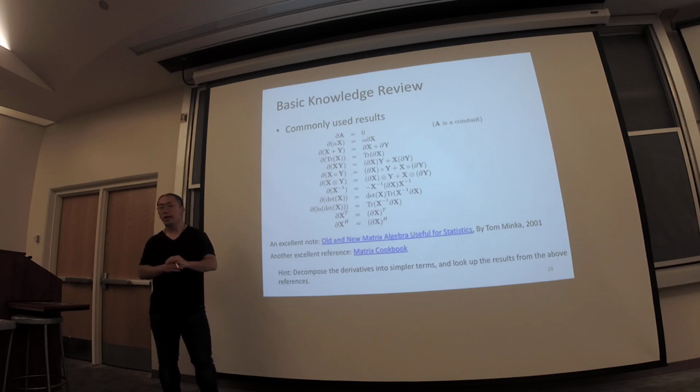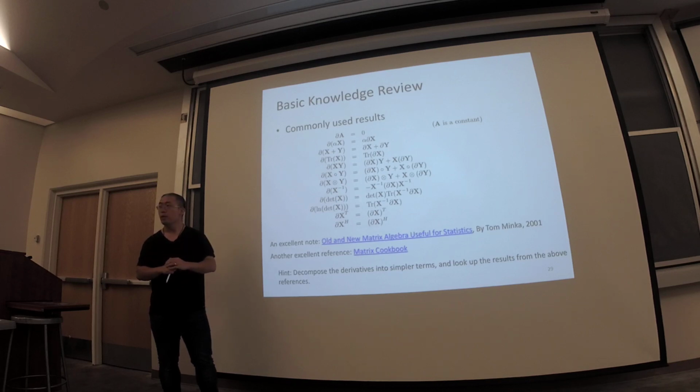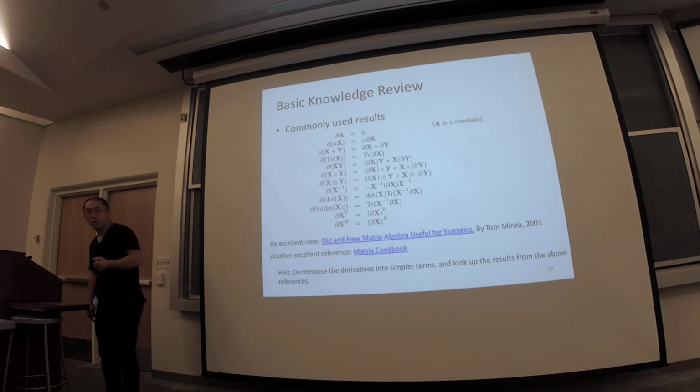What you need to do is follow the basic rules to decompose your objective function into basic components. Then you look up the existing results from the references I listed, plug them back into your decomposed form, and you get the full results. So here I just list a bunch of very commonly used results.